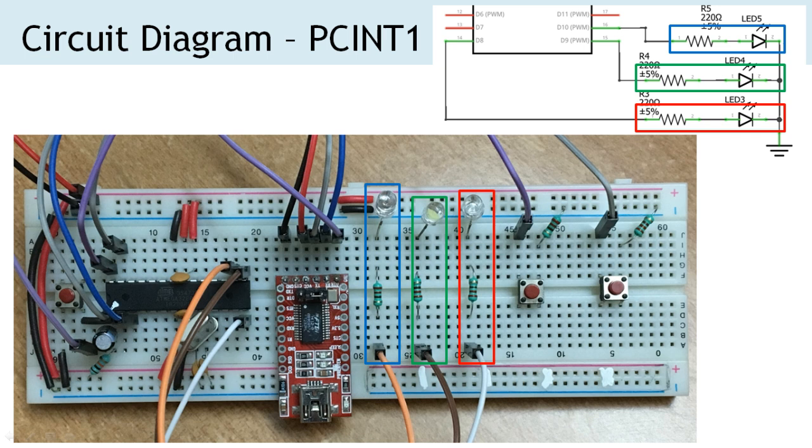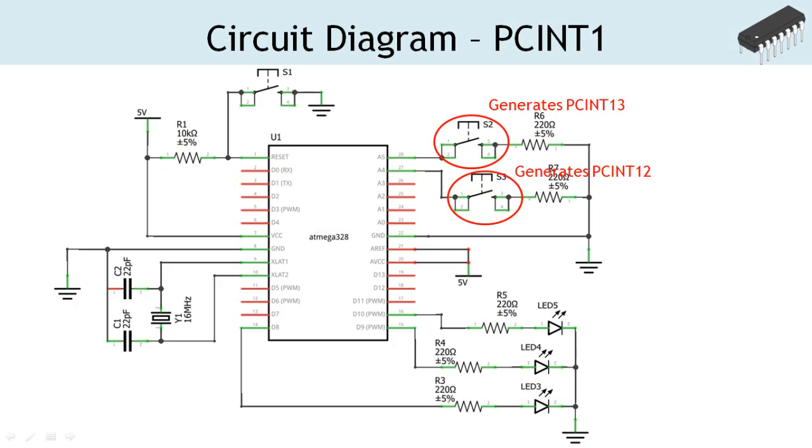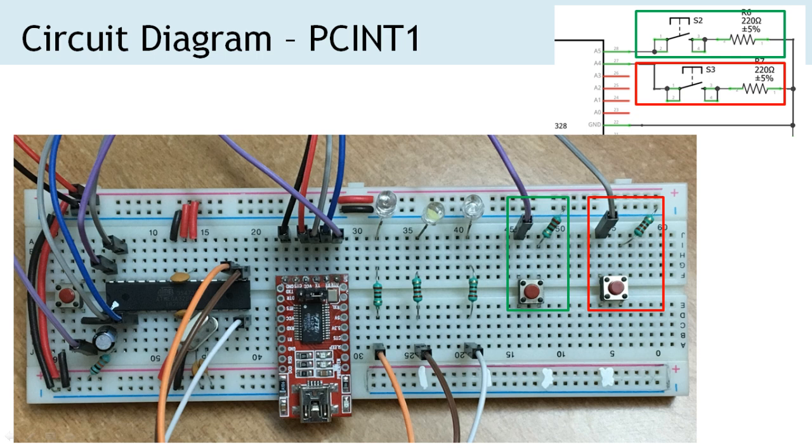Choose LEDs of different colors for easy identification. The interrupt signal is generated using the button switches on pins PCINT12 and PCINT13. One end of the button switch is connected to ground through a 220 ohm resistor and the other end to the corresponding pins of the microcontroller.